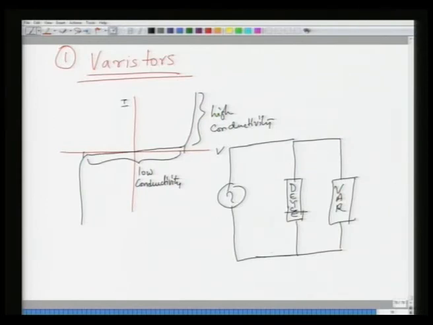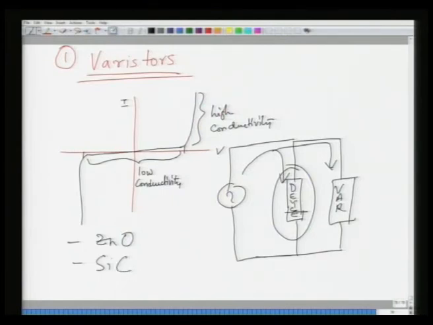At moderate voltages, since the resistance here is high, all the current passes through here, but when the voltage becomes higher because of a surge or whatever reasons, if your grid is not giving you a reliable power supply, then at that point part of the current goes through this, protecting this device from things like surges in the circuit. The typical materials that are used for these applications are zinc oxide or silicon carbide.